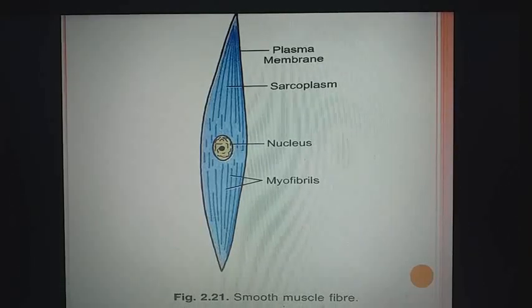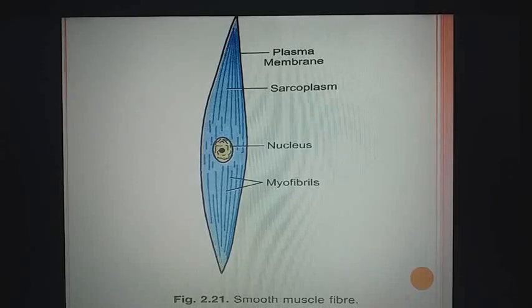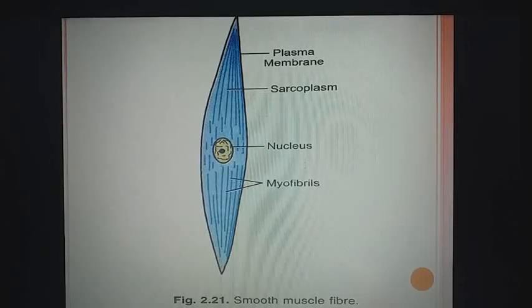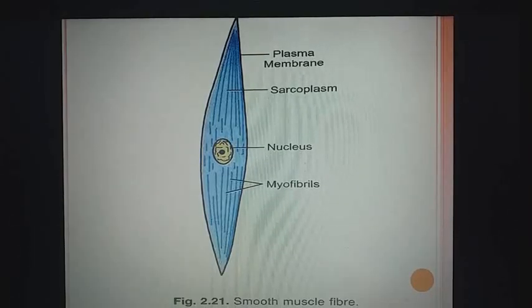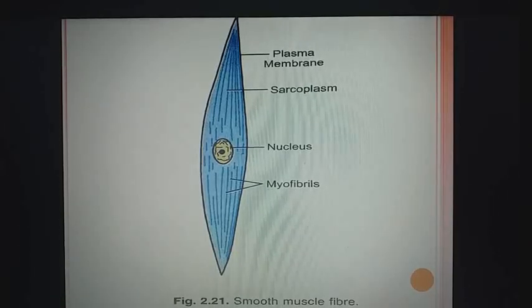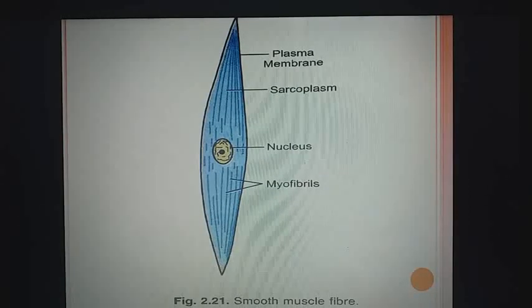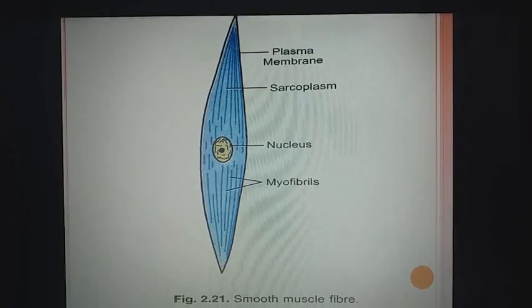So see children, here three questions can arise. Why it is known as the unstriated muscle? So you will write that it is known as the unstriated muscle because the alternate light and dark bands are absent. Next thing is that it can be asked that why it is known as the smooth muscle, because it is present in the visceral organ, means the smooth organs of our body. That's why it is known as the smooth muscle.